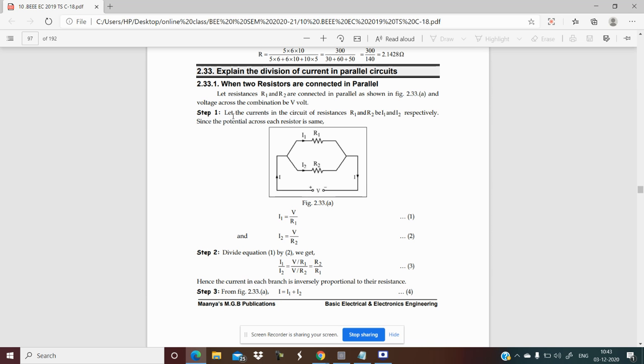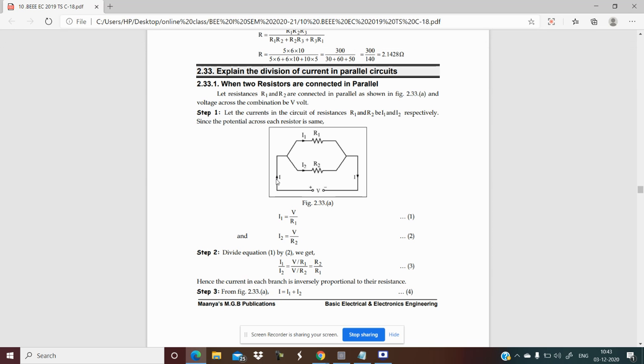Step one: let the currents in the circuit through resistances R1 and R2 be I1 and I2 respectively, since the potential across each resistor is the same.